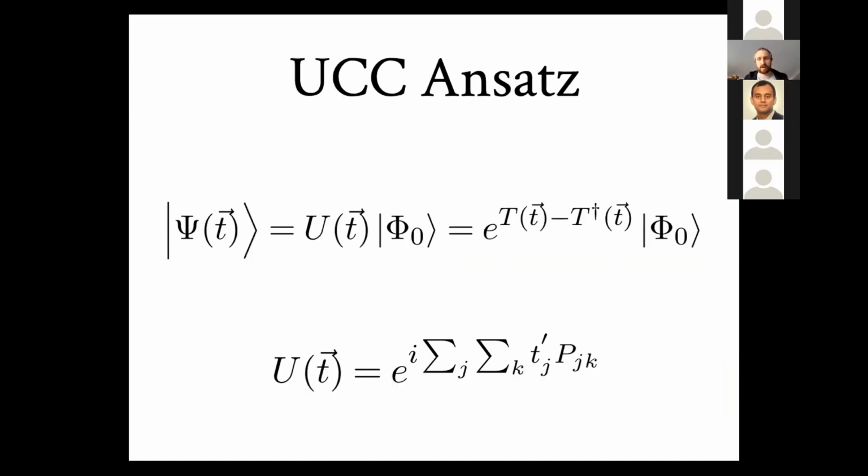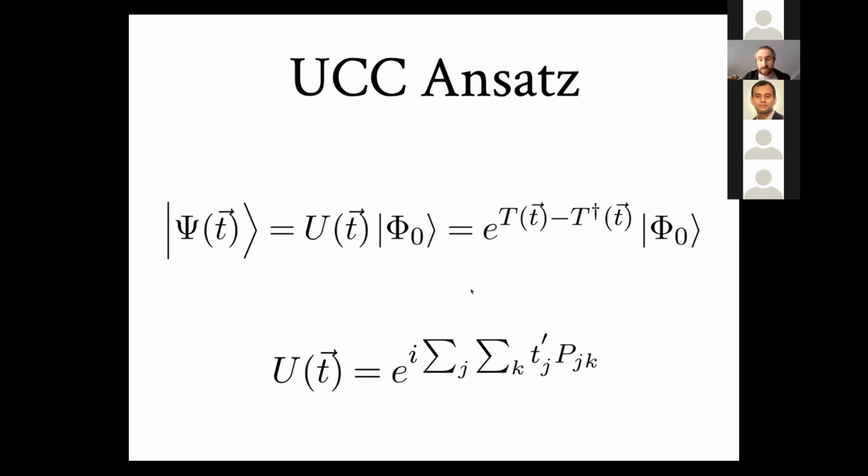And we do this by looking slightly higher up into the stack. So on the left here is the state we'd like to prepare, the trial state of what's called the UCC ansatz, and you can see that it's achieved by starting with this phi0 state, which is a very simple initial trial state, and applying a unitary operation to it, which depends on t.